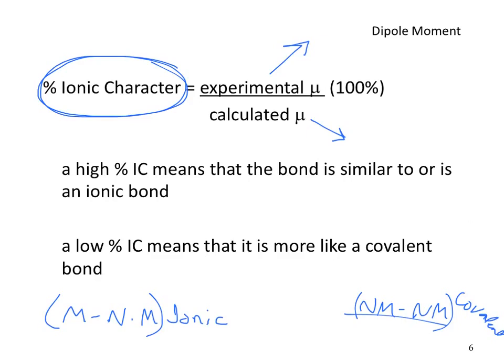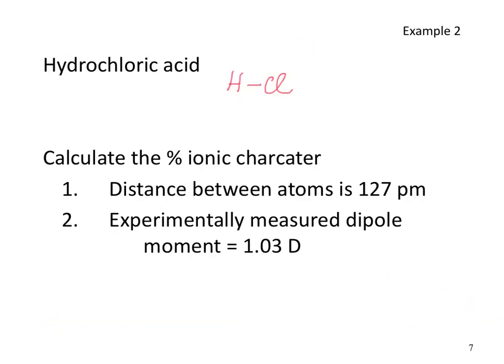A higher value of percentage ionic character would mean that that bond is more similar to an ionic bond. On the other hand, if you have a real low value, that means it will behave more like a covalent bond. Let's work on an example.